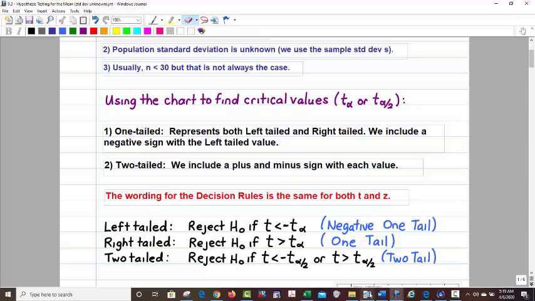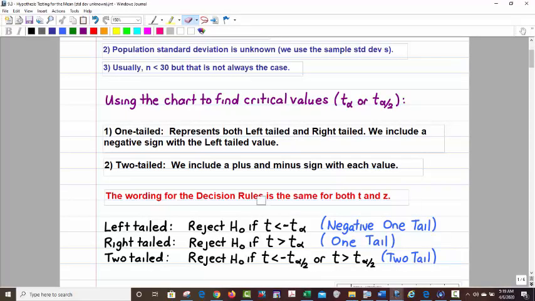One-tailed on our chart covers both left-tailed and right-tailed, and then we have to include a negative sign with the value that's for the left-tailed. And two-tailed gives us a plus and minus sign with each value when we're looking up critical values.